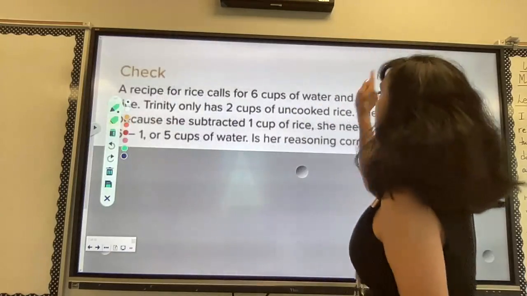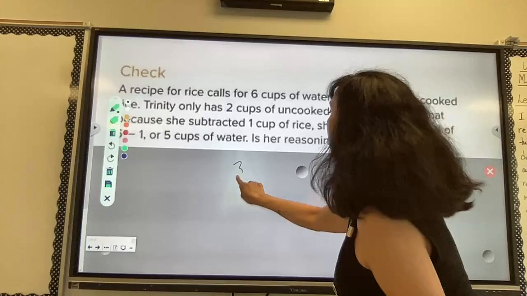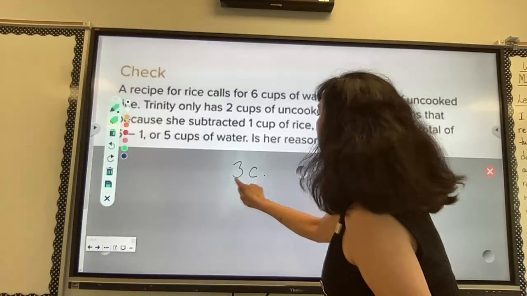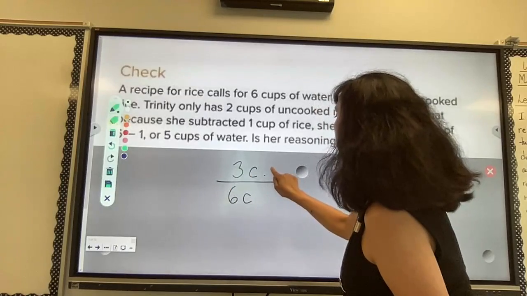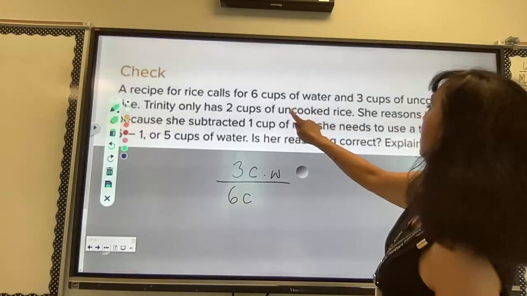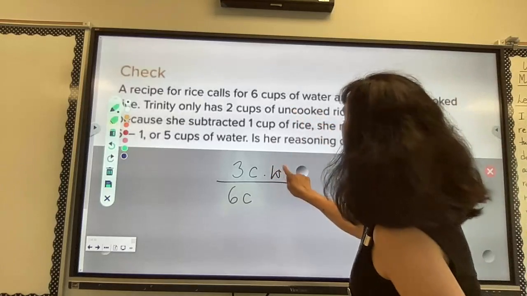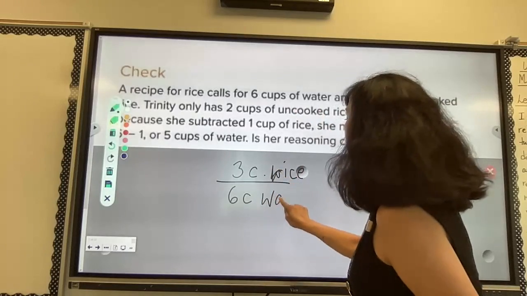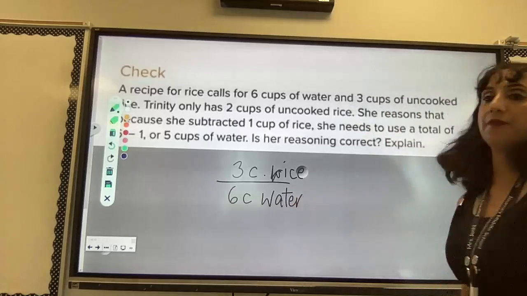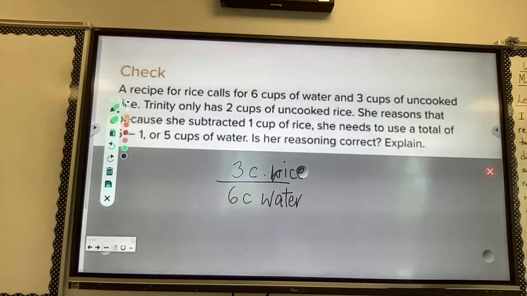All right, so 3 cups of rice for 6 cups of water. Okay, so I'm just writing it like this. And that is my recipe.